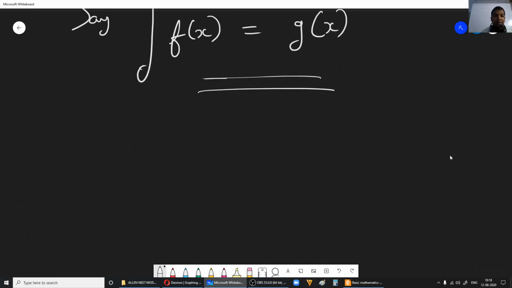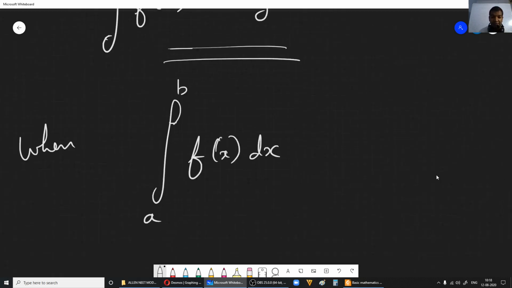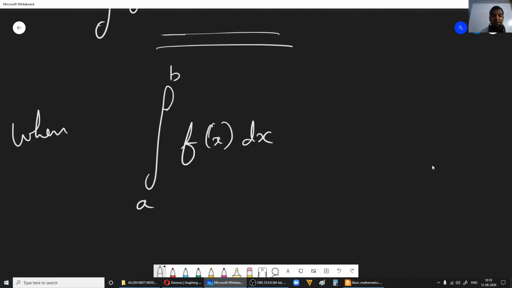Now when you use these limits, with the same f of x dx, you integrate between the limits a and b. What these limits are, why we have to take them, and what their uses are, you will come to know in just a bit. When I say between the limits a and b, it means the lower limit is a and the upper limit is b. Say the result is g of x.